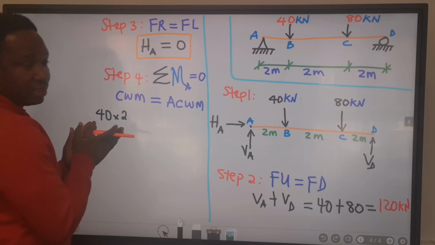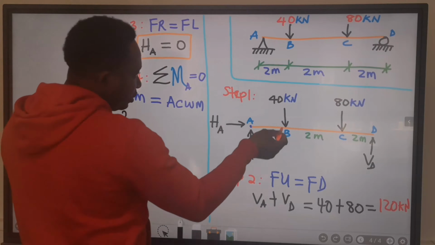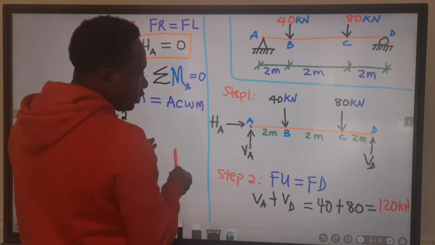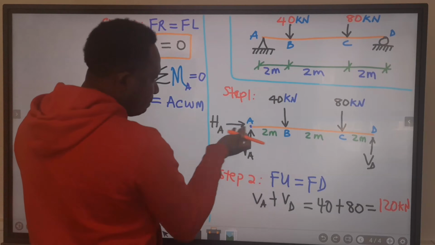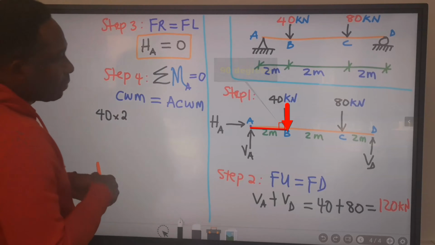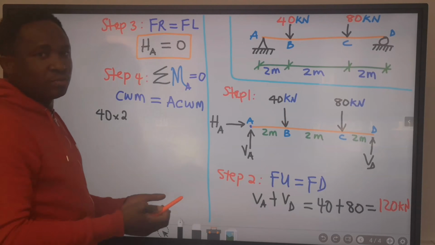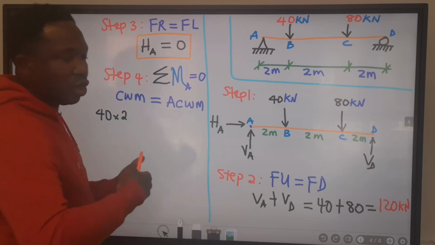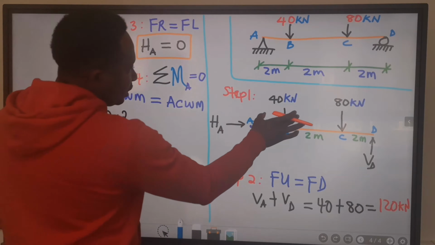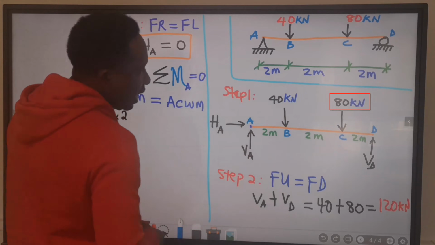This is moment. Force multiplied by perpendicular distance is moment. It must be perpendicular. Force multiplied by distance is not moment if it is not perpendicular. I'm done with 40.